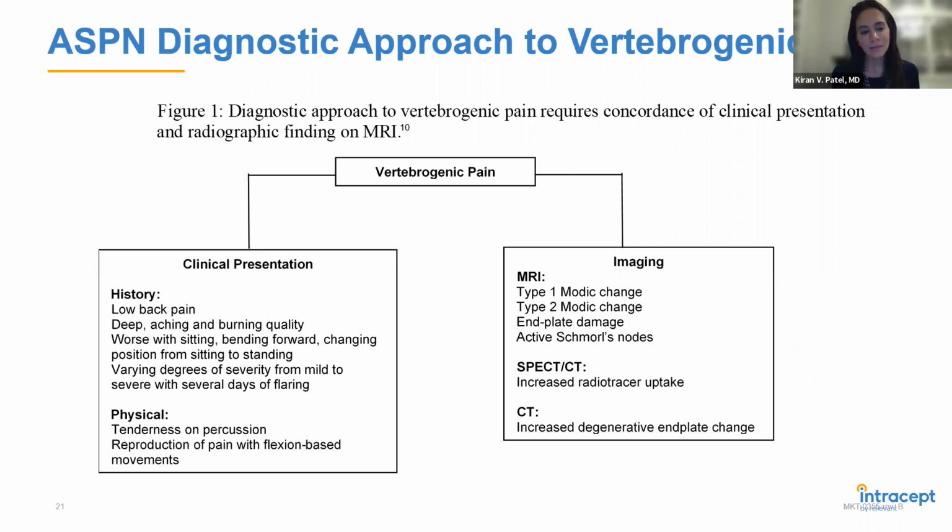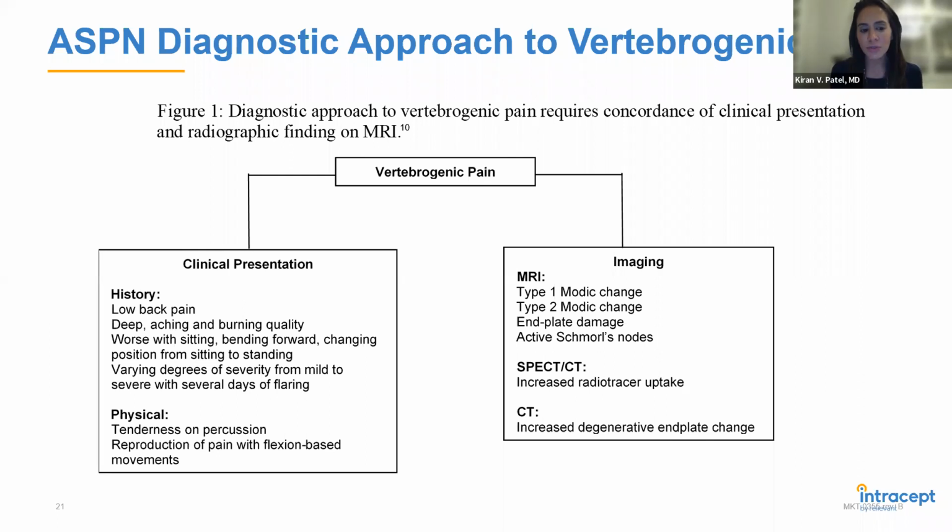This may be described in a variety of severity. You may have patients who describe mild pain, moderate pain, severe pain. But the fact that it's present with all forward flexion or sitting is, I think, the unifying theme with this type of pain.